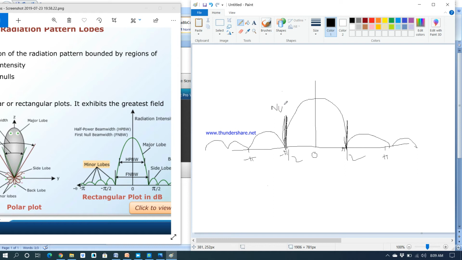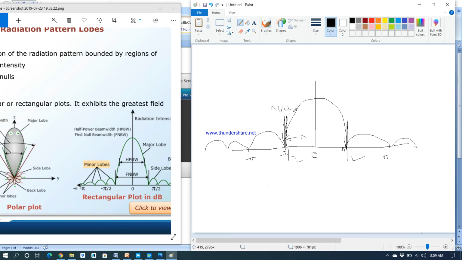What is that one? Null. So the difference between the first two nulls, this is a null and this one is a null, this is what we call FNBW, first null beam width.